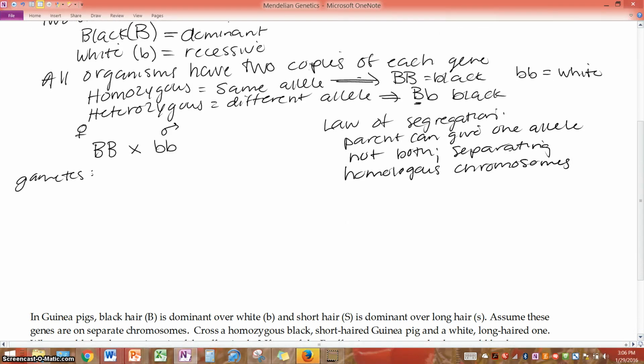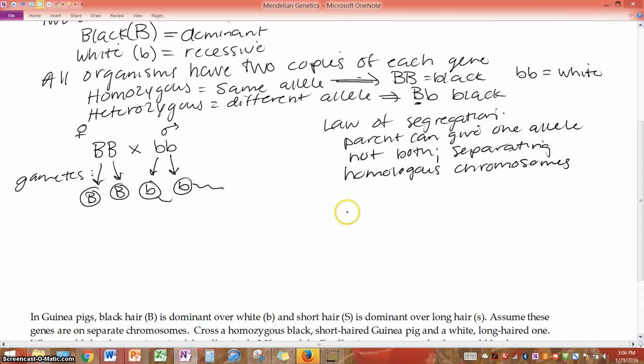That's the whole purpose. So this parent right here, I know they're identical, but we're just going to play along, can give this B in an egg, or this B in an egg. This other parent can give this, or this, in a sperm.